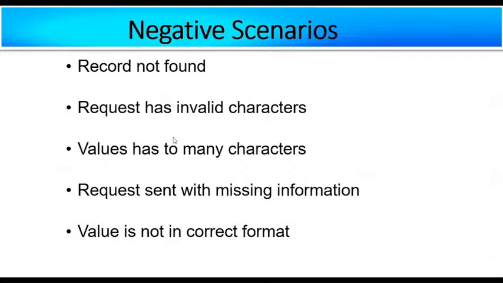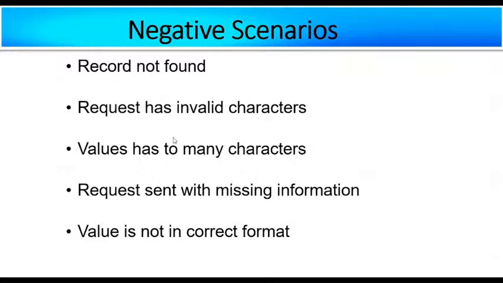And the fifth scenario we have is we have to send the data in a proper format. For example, a date format is there. So in that particular field, we have to pass it properly. Let's say, for example, first month, then date, then year. So we have to pass the data in the required format. Otherwise, we will get the 400 error with the bad request.